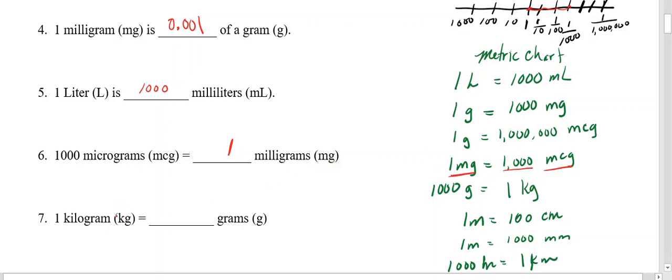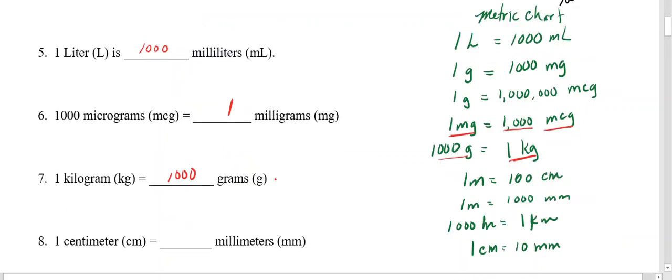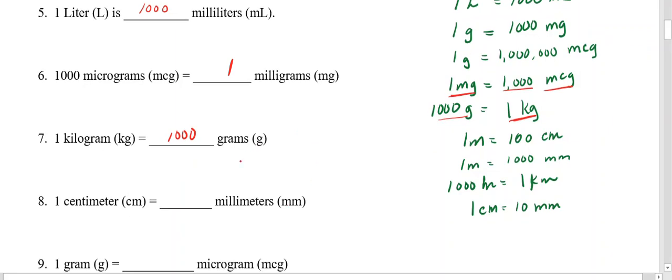And then 1 kilogram equals how many grams? So if I look over here, here's my 1 kilogram, and it's going to equal 1,000 grams. So it's just mainly learning the chart. 1 centimeter is equal to how many millimeters?